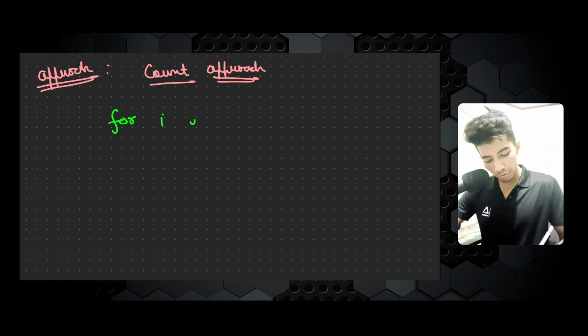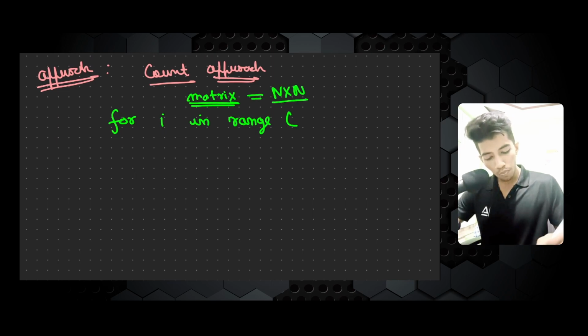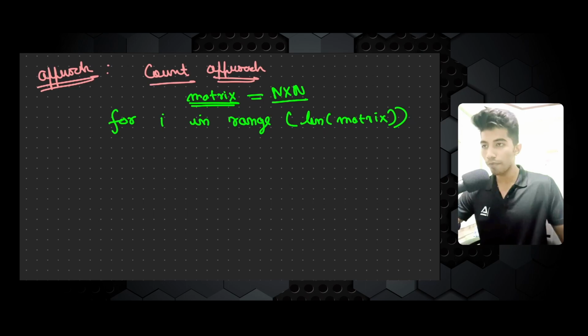I will run this for loop, which will run till the size of the matrix. As it is an n by n matrix, the range will be the length of the matrix. I can write it like this, because when I write length of matrix, I actually get this value, right? So like this we will do it.